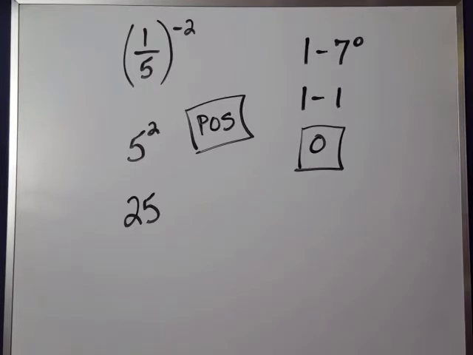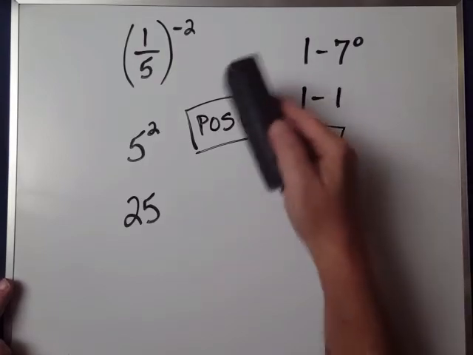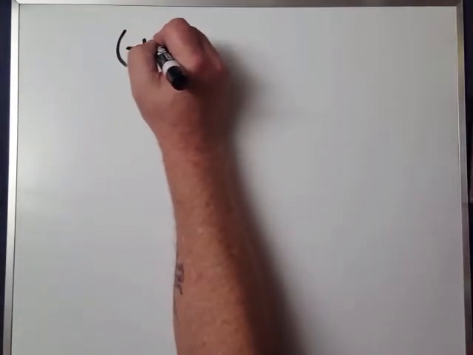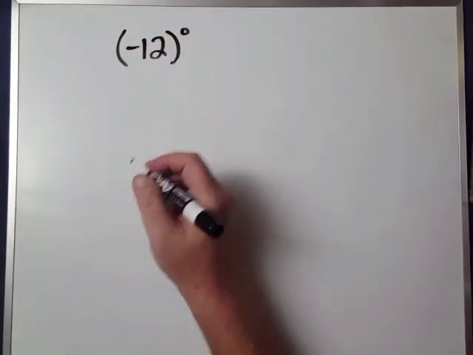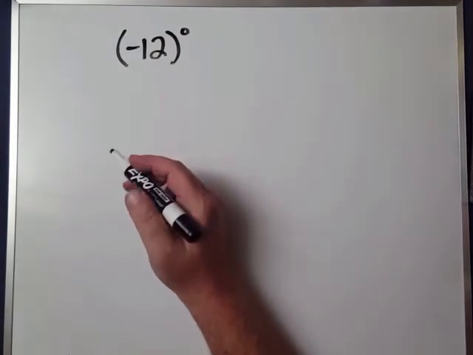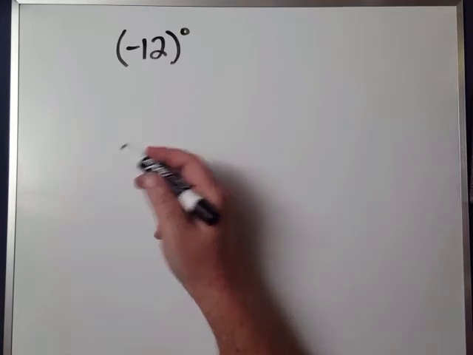She continues to warm us up to the ideas of working with 0 and negative exponents with this next batch of problems. Number 12. And the instructions say, decide whether each expression is equal to 0, 1, or -1.